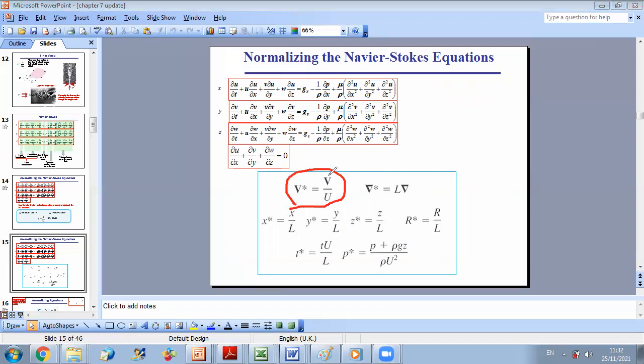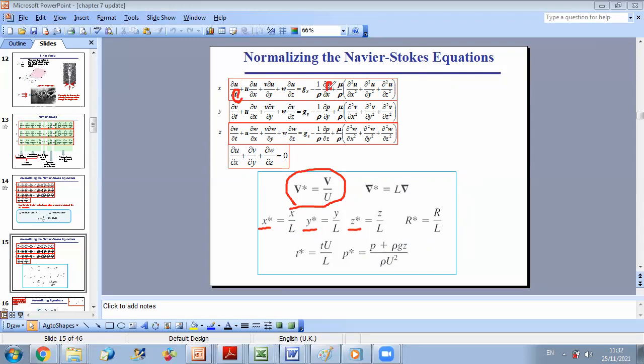I just have to divide the velocity component by big U to normalize. I can define x star, y star, z star as x over L, y over L, and z over L. Now, if I have, for example, polar coordinates, I can define r star as r over L. Now, I still have parameters in my equation to normalize, which are the time t and the pressure p.